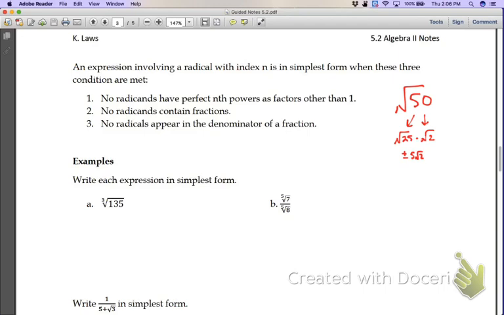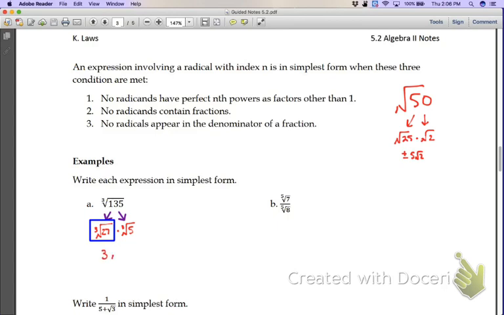So I can break this up into the cube root of 27 and the cube root of 5. What is the cube root of 27? 3.